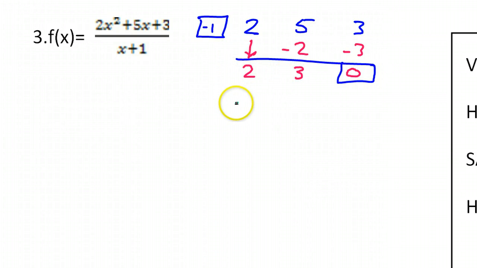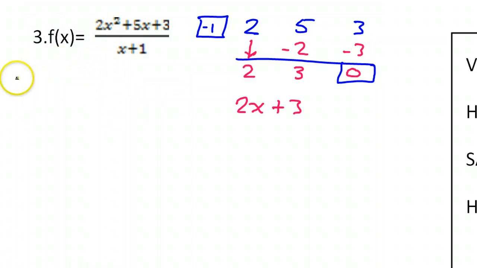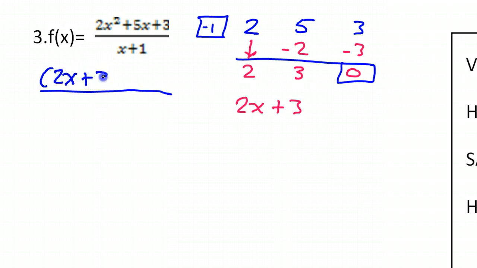Now, if I were to put this back into the form of a function, this 2 and 3 means that we're looking at 2x plus 3. Okay? So I'm writing it this way because this helps me to factor. So if I look at that original function, what's happening is the numerator just factored as your 2x plus 3, that we just got right here, times x plus 1.